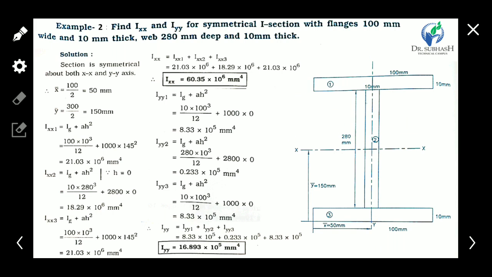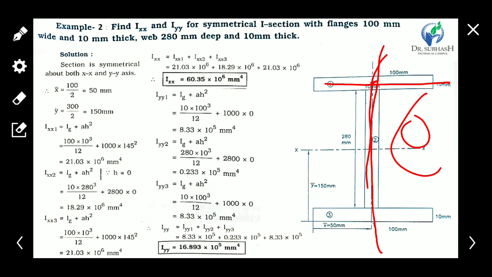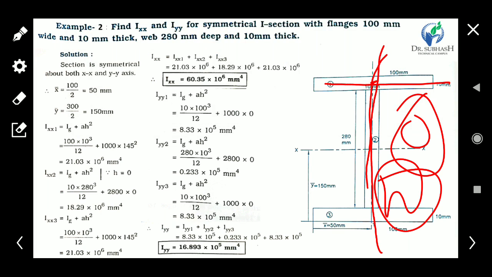That is, for the y direction, what is the distance from the CG of the first element to the y axis? 0. So h is 0 here. Okay, so h is 0, that's why the h square term is 0, so only Ig is there for Iy1.